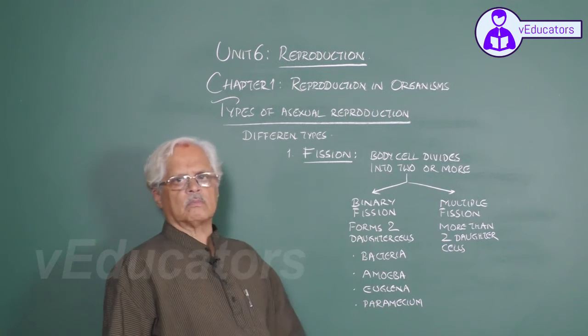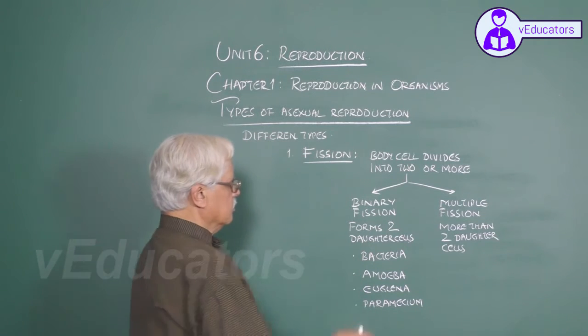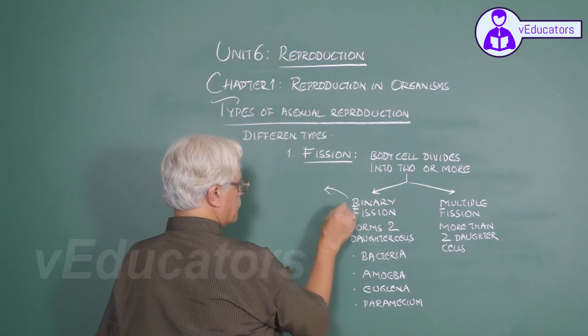In binary fission, when the cell divides into two daughter cells, there are two possibilities.